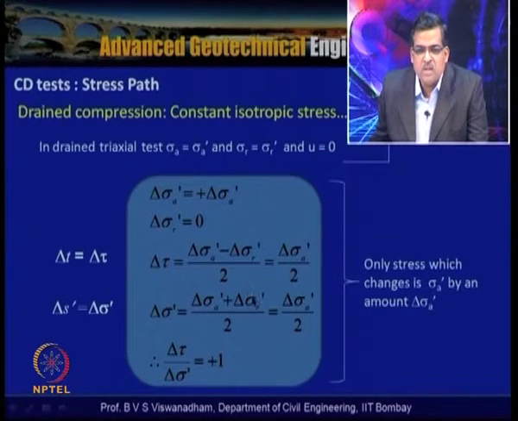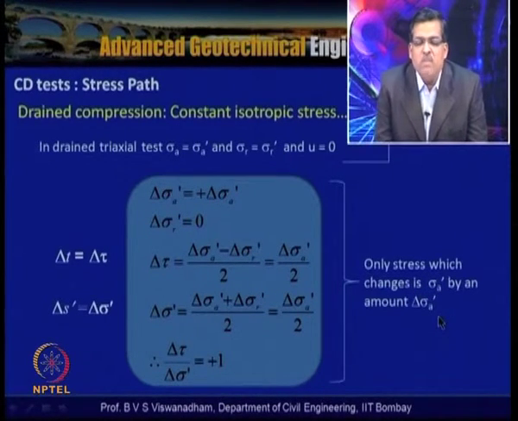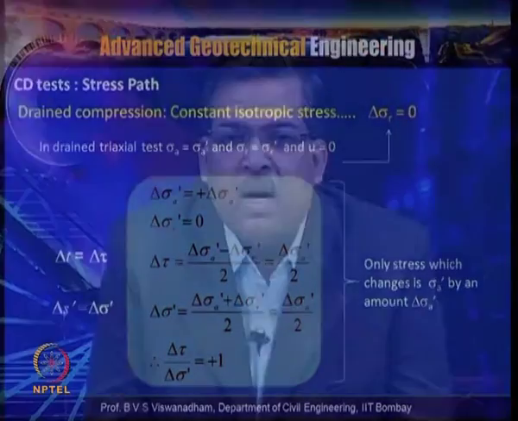With delta sigma R dash equal to 0, what we get is delta sigma A dash by 2. So the slope, delta tau by delta sigma dash, is positive; the terms cancel, and delta tau by delta sigma dash is equal to plus 1. The only stress that changes is sigma A dash, by an amount delta sigma A dash, that is, the axial stress is increased, and the rest, delta sigma R, is 0.